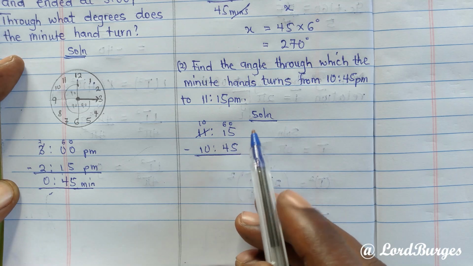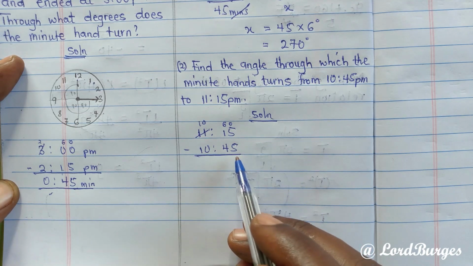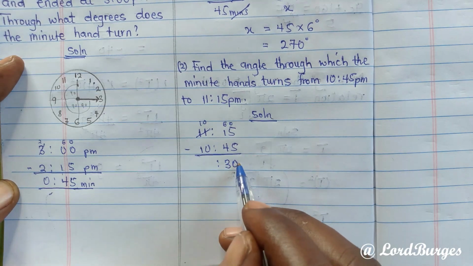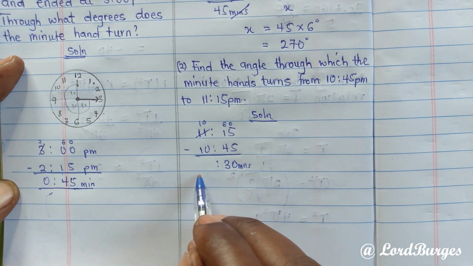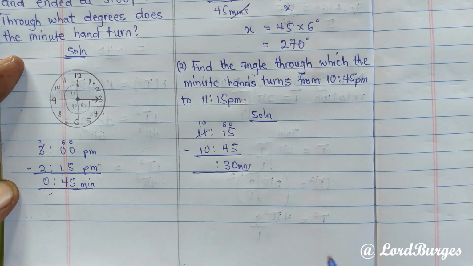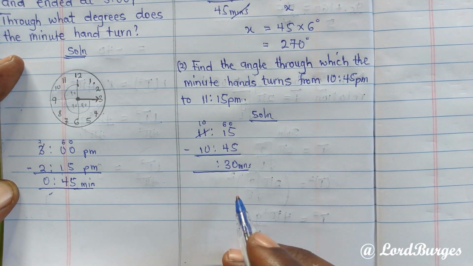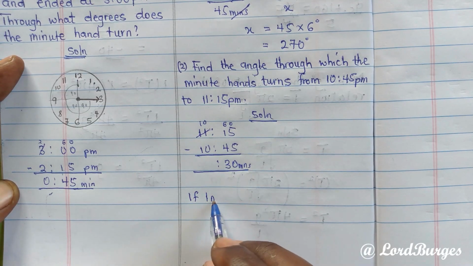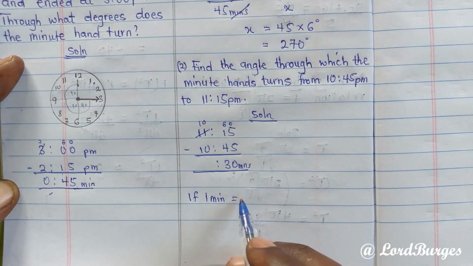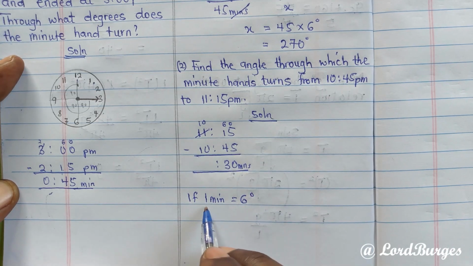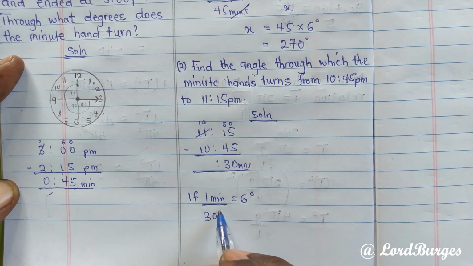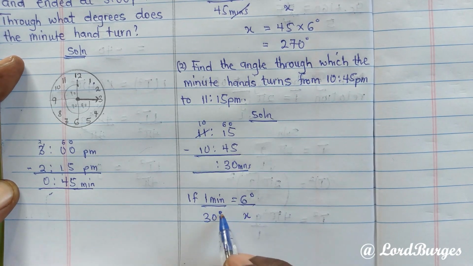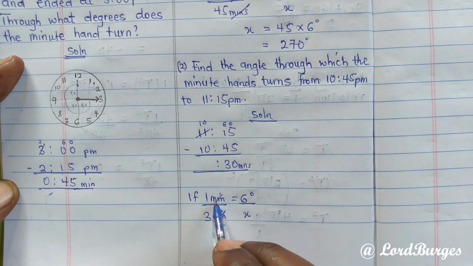And when I take 45 from 75 minutes, I should be left with what? 30 minutes. So now I'm left with 30 minutes. Therefore, if 1 minute is equal to 6 degrees, then the 30 minutes will give us what degree, such that minute will cancel minute.